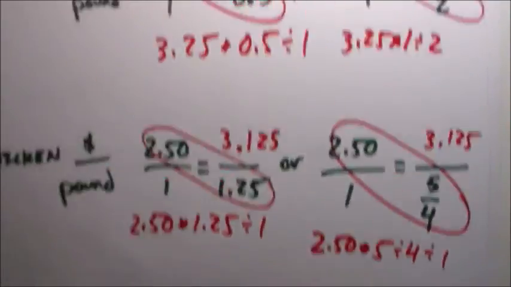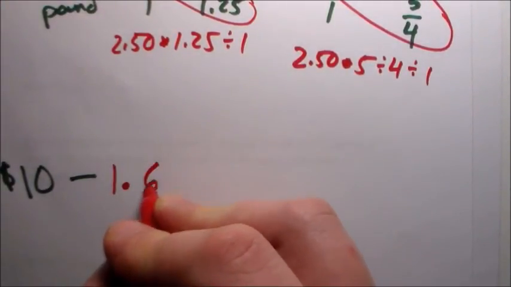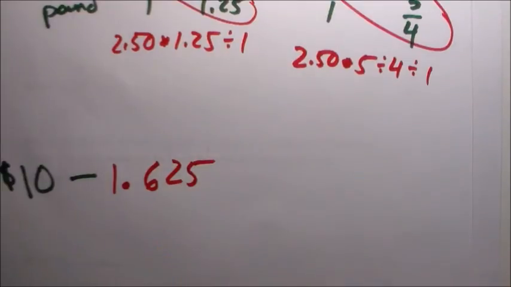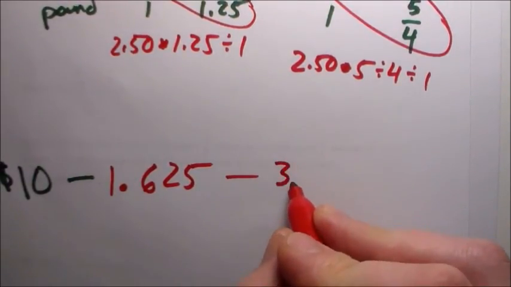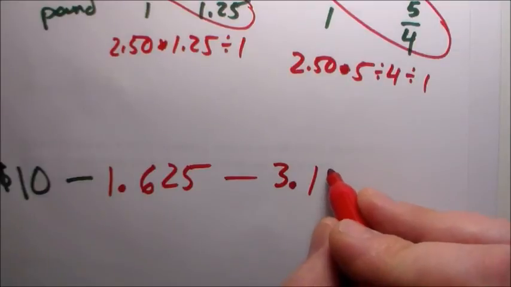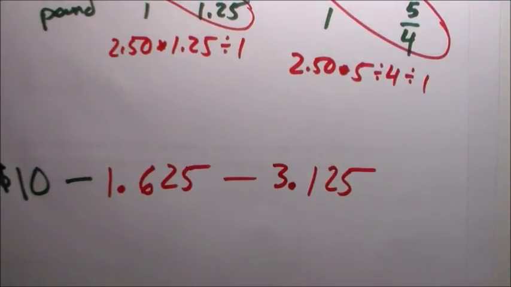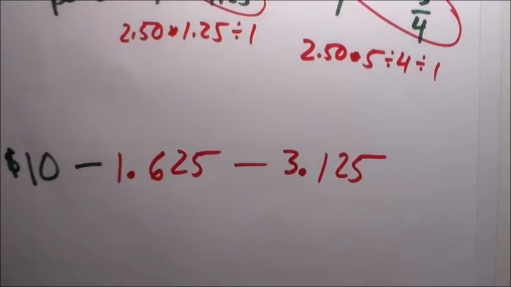Okay, $10 minus 1.625 minus, again, 3.125. All right, so let's do it out. How are we going to get the answer?